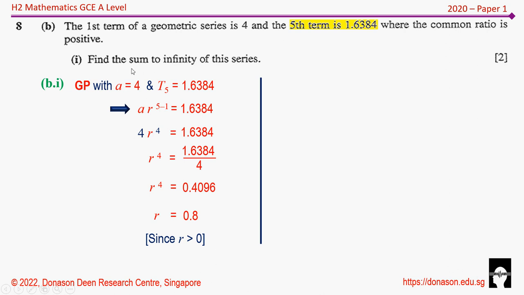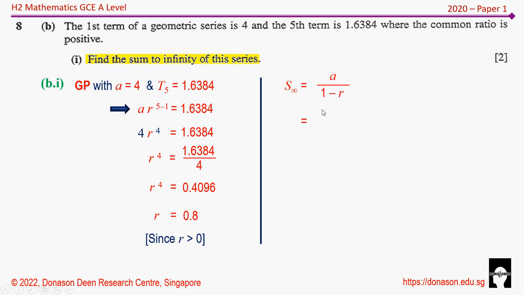Now what we need to find, after we find the common ratio as well as the first term, is the sum to infinity of this series. As you can see, the common ratio is less than 1, and of course the sum to infinity will exist because this is a converging sequence. So S infinity, the formula for the sum to infinity of a converging sequence, will be a over 1 minus r.